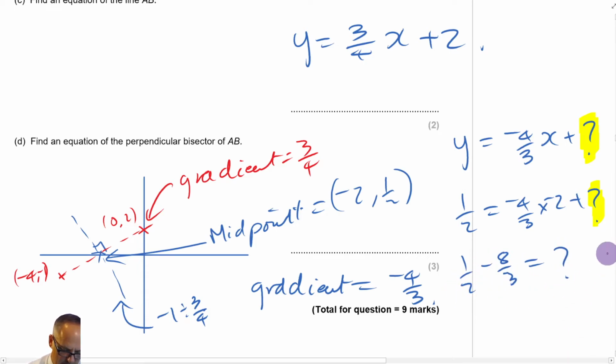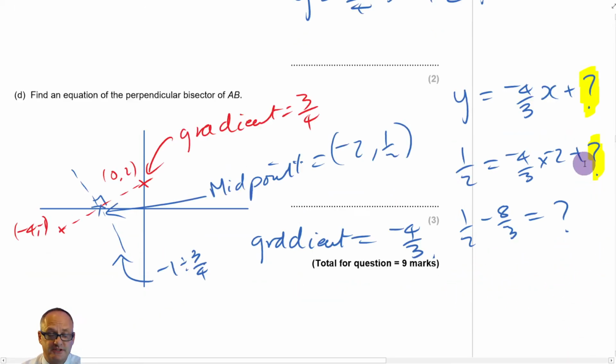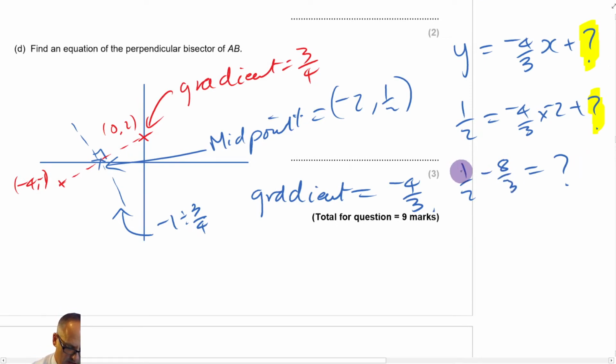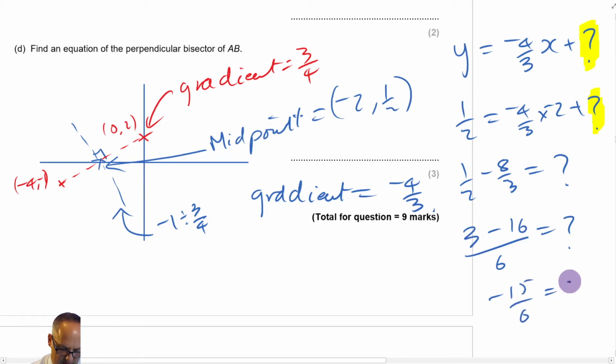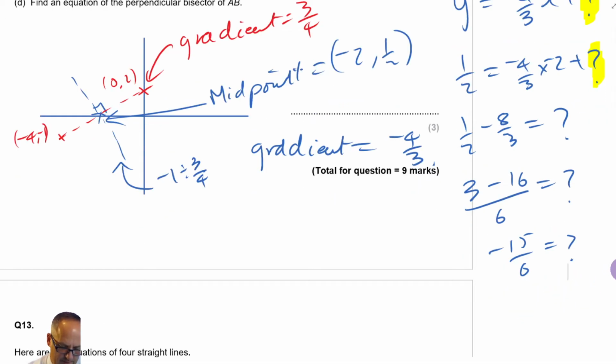So we've got a half minus 8/3 must be equal to my something. I'm going to just do the fractions. It's always good to practice our fractions when you get a chance. So I'm going to times that by 3 to get 3 there. I'm going to times that by 2 to get 2 there, 16, and it's all over 6. So that's going to give me -15/6, which cancels down because 3 goes into 15 5 times, 3 goes into 6 2 times. It's -2.5.